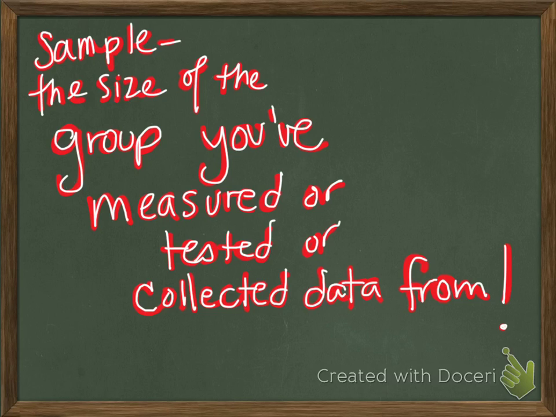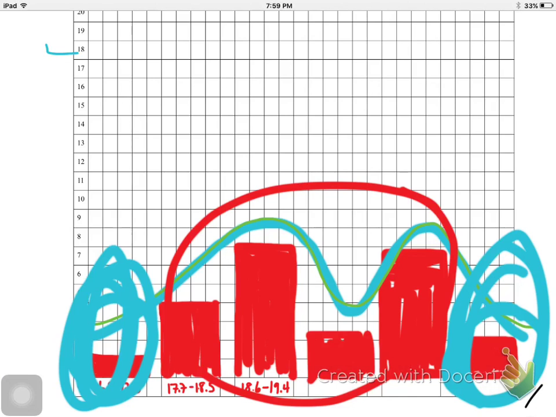So if we went out and measured 100 humans, do you think that your graph would look any different? Yes. What do you think would happen to your graph? I mean, we'd have more numbers, sure. Well, let's imagine this.